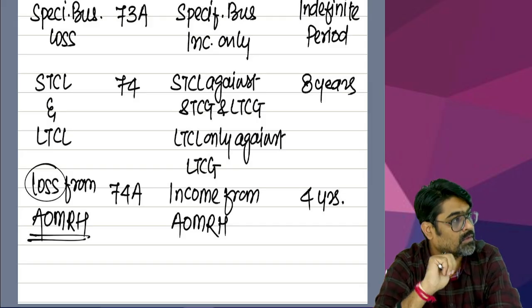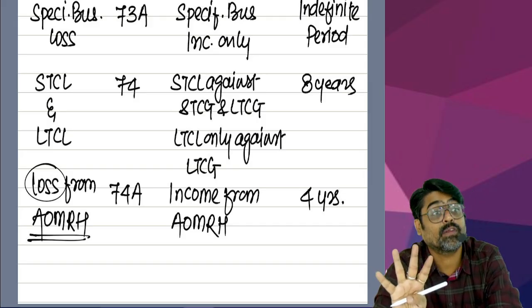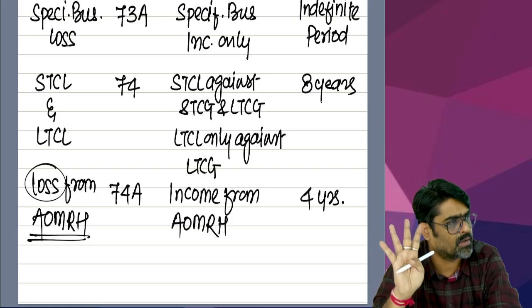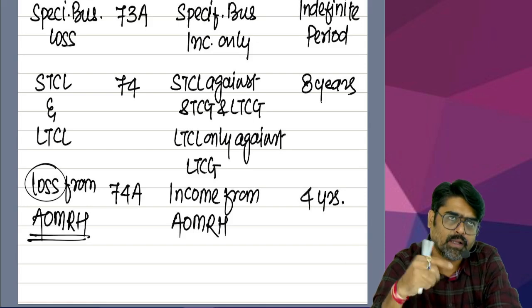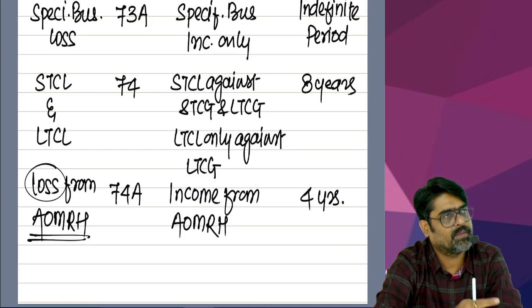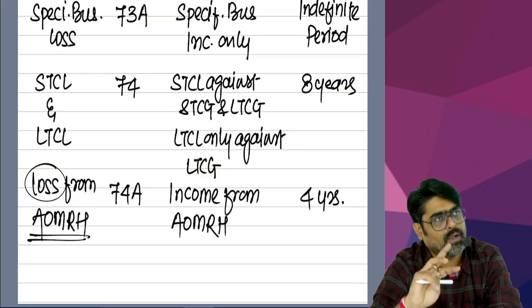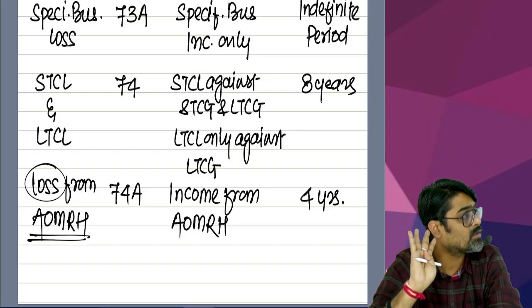Normal business loss after carry forward only against business income. Which business income? Any business income. Yes or no? Then speculation business loss after carry forward in the future only against speculation business income. Specified business loss after carry forward in the future only against specified business income. Yes or no?